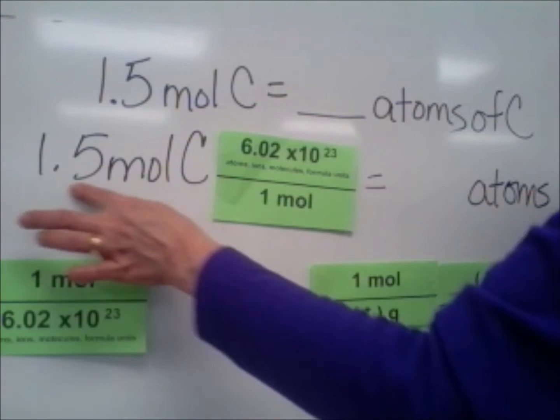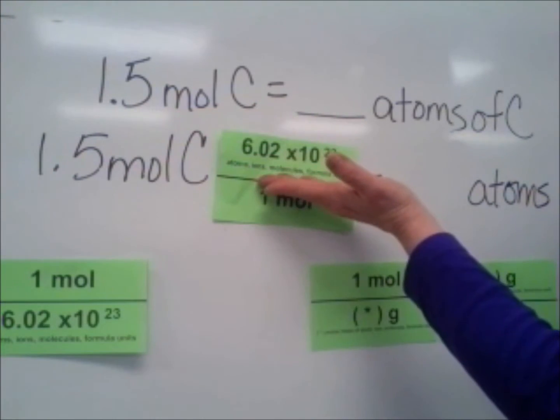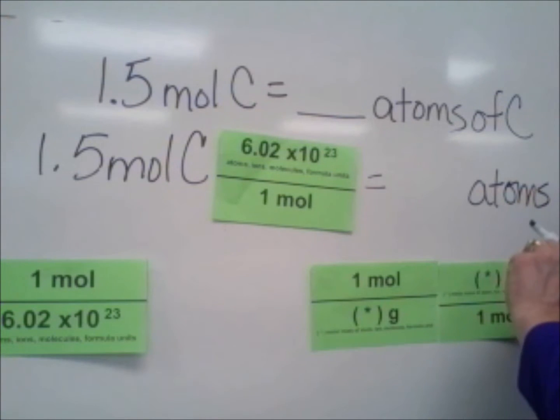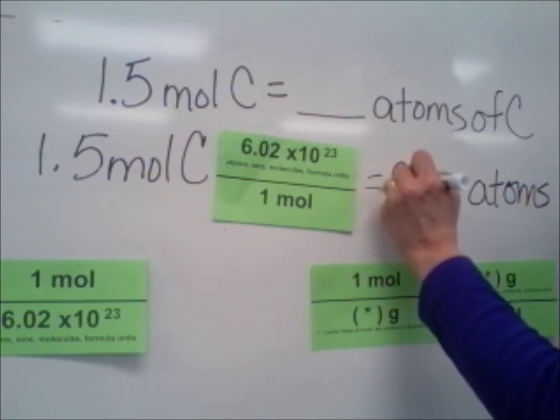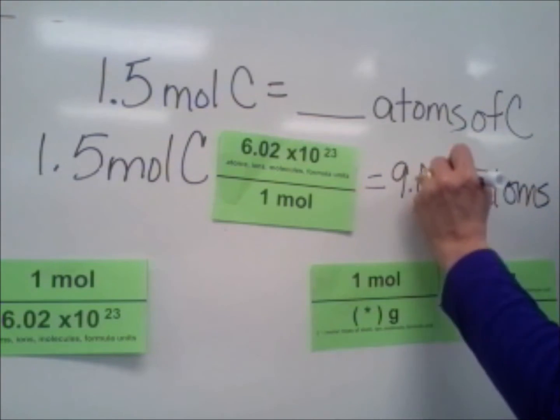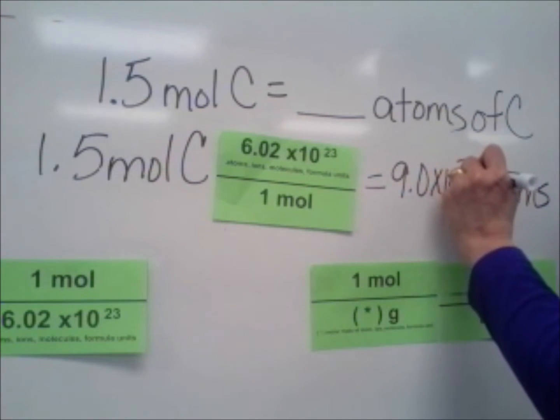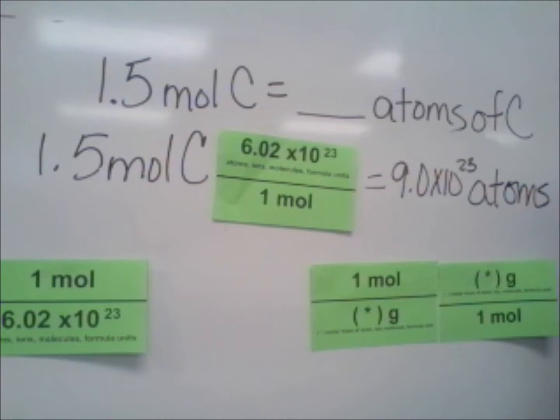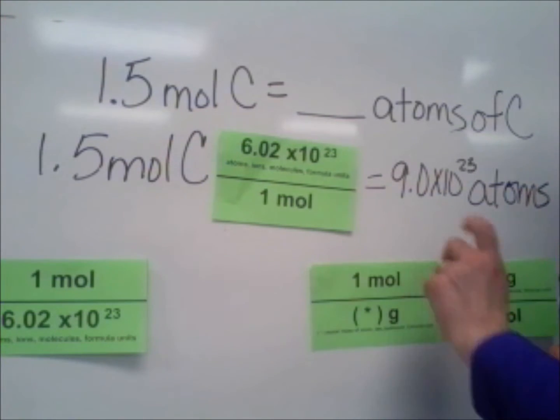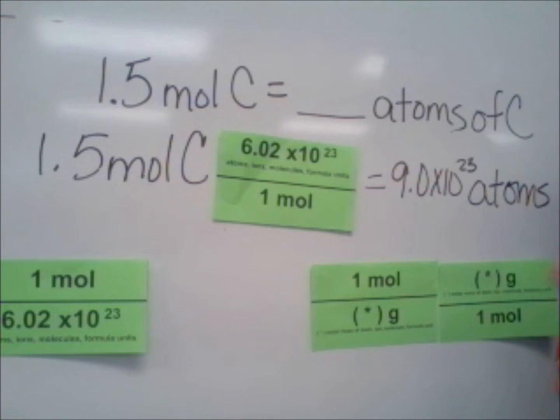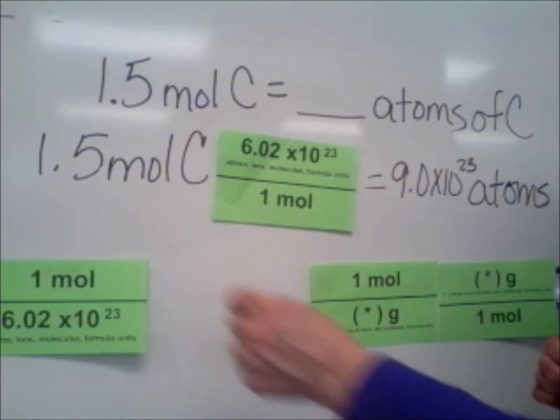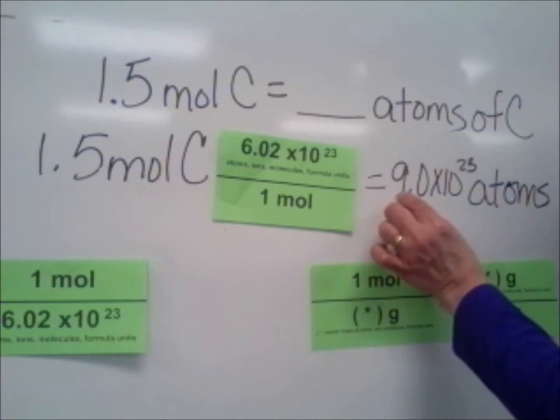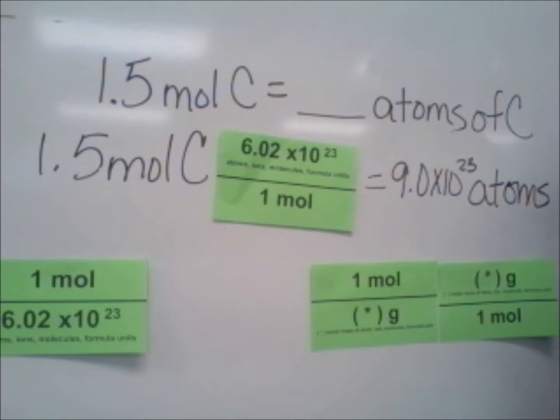If we take 1.5, multiply it times the 6.02 times 10 to the 23rd, we would come up with an answer of 9.0 times 10 to the 23rd atoms. Moles would cancel out and would no longer play a part. The reason we go to 9.0 is that we have to maintain the number of significant figures. We started out with 2 here, and we need to end up with 2 there.